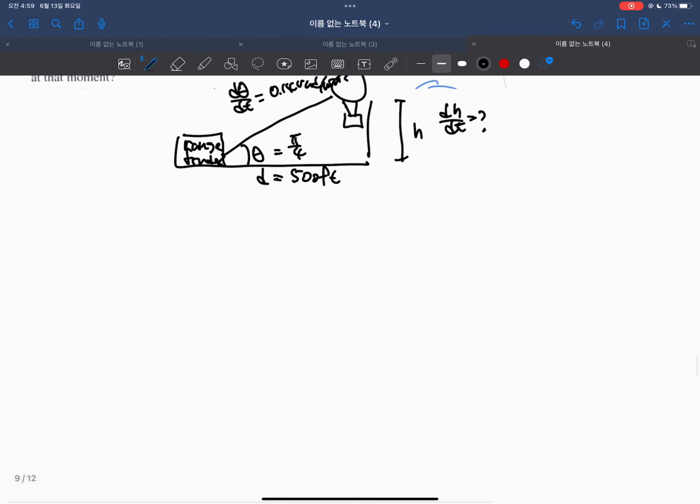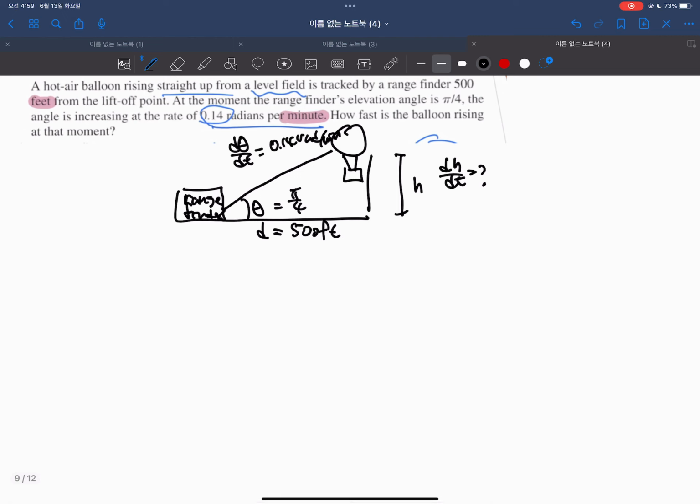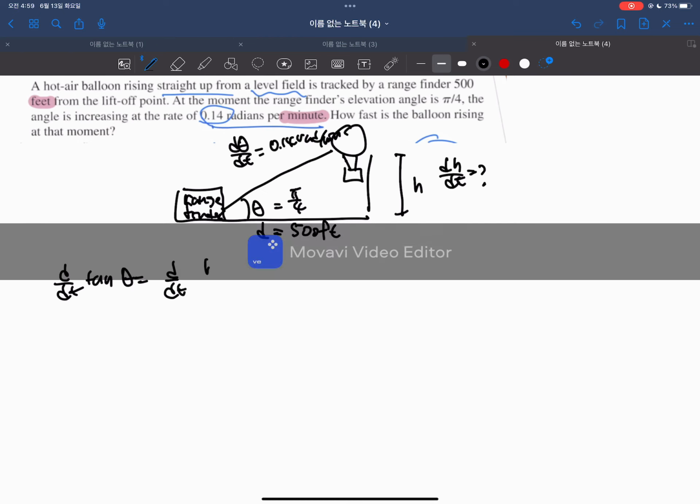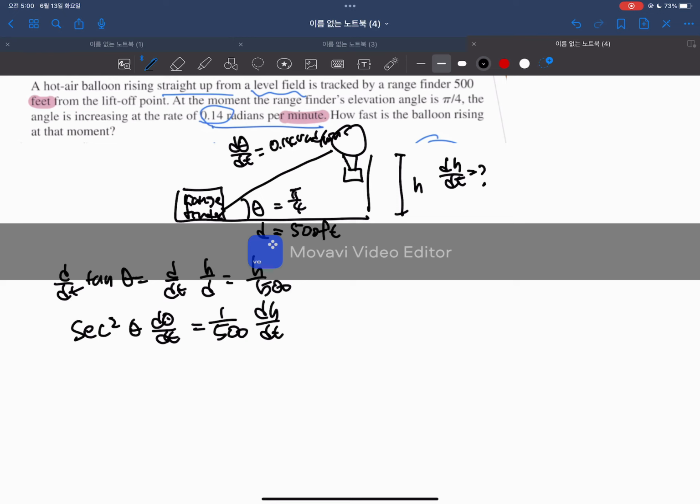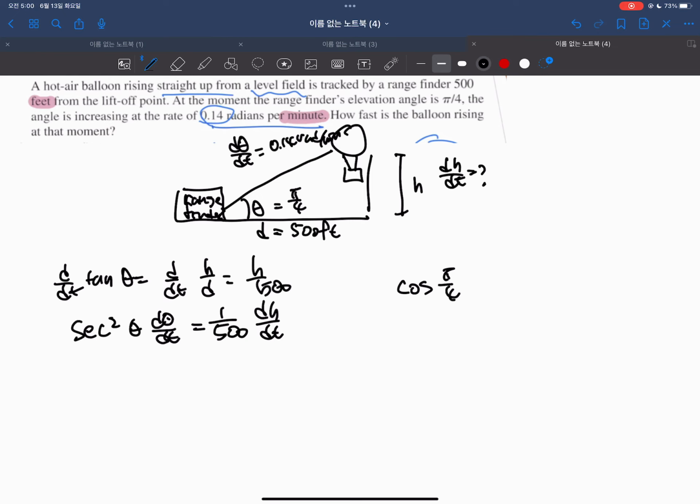As I said before, we have to use d over dt of tangent theta is equal to d over dt of h over d, which is h over 500. The derivative of tangent theta is secant squared theta times d theta over dt, which is equal to 1 over 500 times dh over dt. We know that cosine of pi over 4 is equal to root 2 over 2.